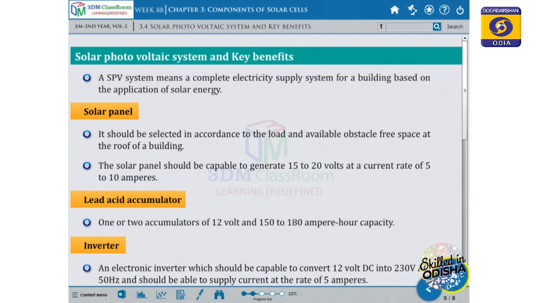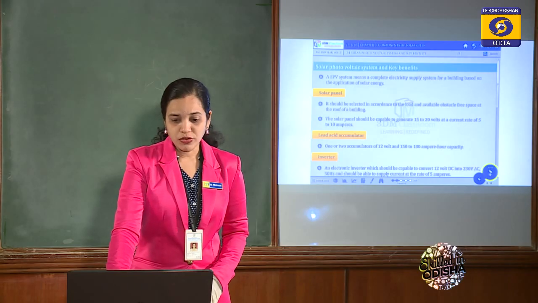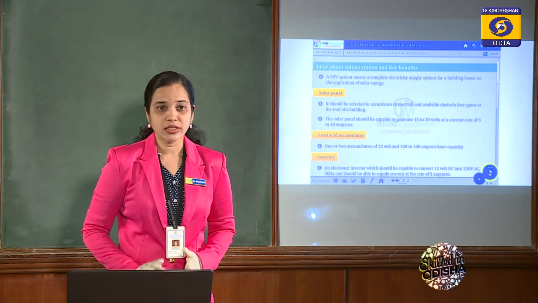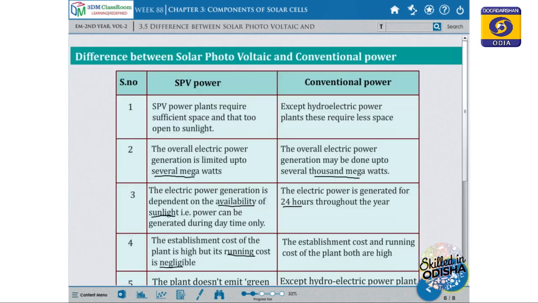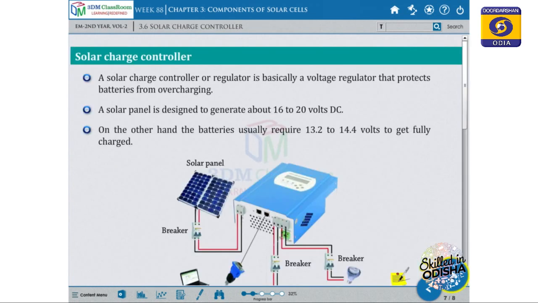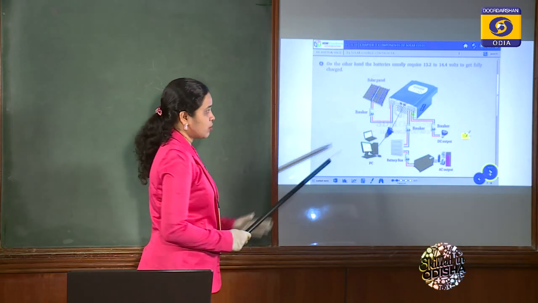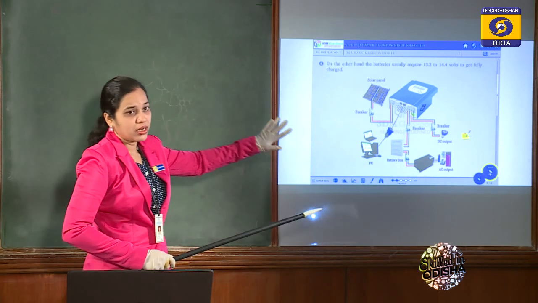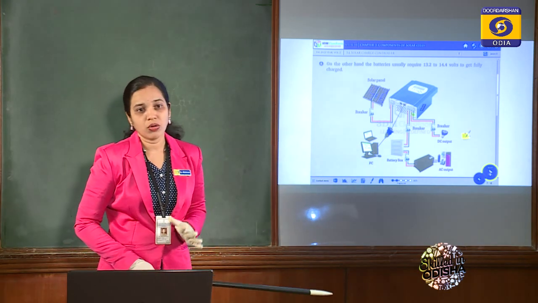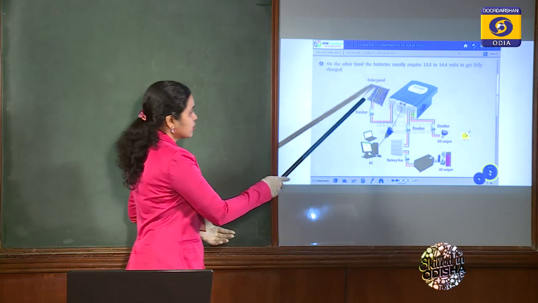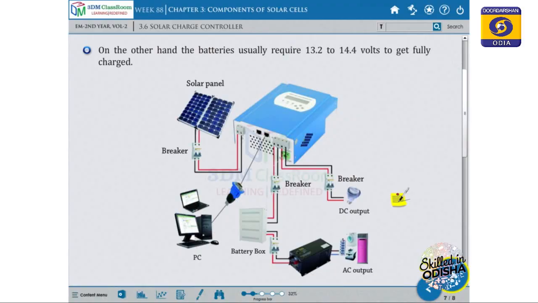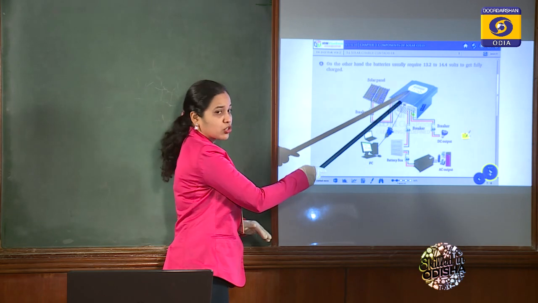Now we will discuss the photovoltaic system, the total system of a photovoltaic cell and its parts. This is the total system of a photovoltaic panel that we use in our home and on the rooftop of a building. This is the solar panel. One solar panel generally gives an output of 12 volt, and this is the solar charge controller.